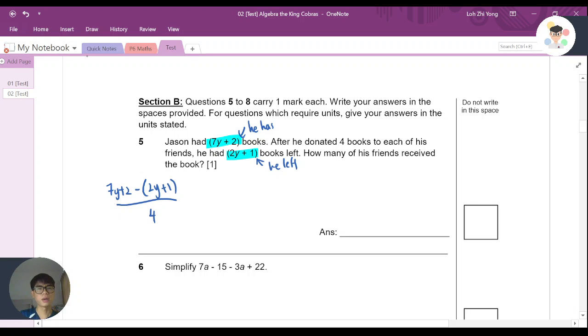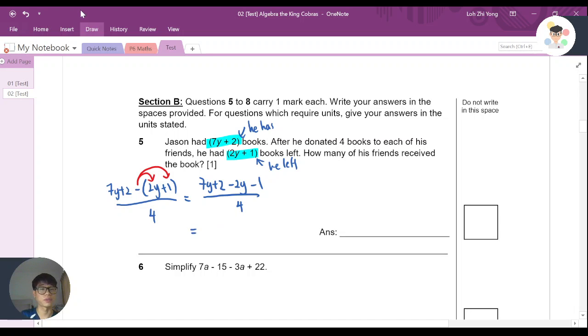A lot of you understand this concept, but there is one thing I've mentioned many times in class, that you need to be very careful when you're minusing a parenthesis. This minus goes onto the 2y and also onto the 1. So it's supposed to be 7y plus 2 minus 2y minus 1, then divide by 4.